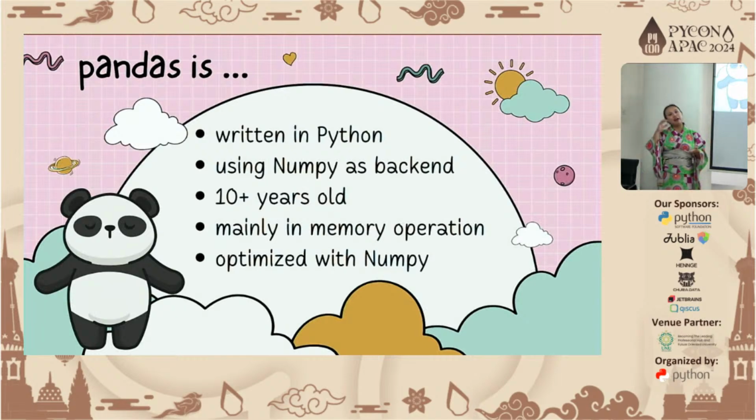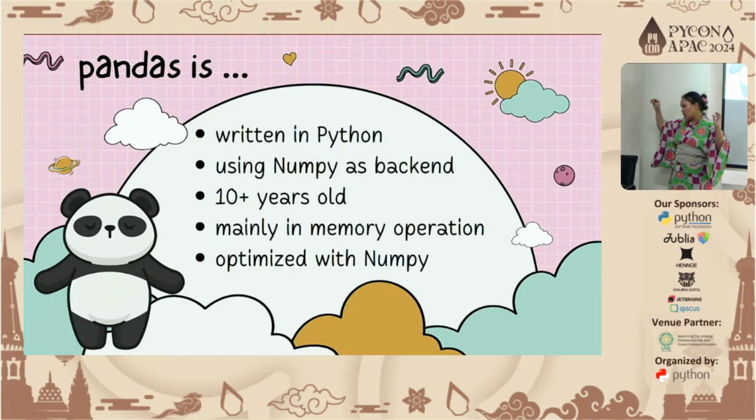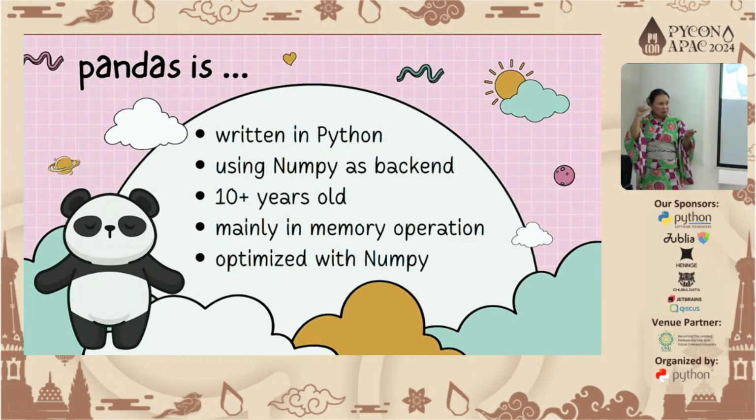So for example, if you have a pandas series and you use the Python built-in function sum, and put the series there to calculate the sum, it's way slower than just using the series and then .sum, because the method .sum is actually using the NumPy optimized method, so it will be way faster. So that's why pandas is not bad. So far so good. We have used it for 10+ years, and it may not be the best thing, but it works in most cases.